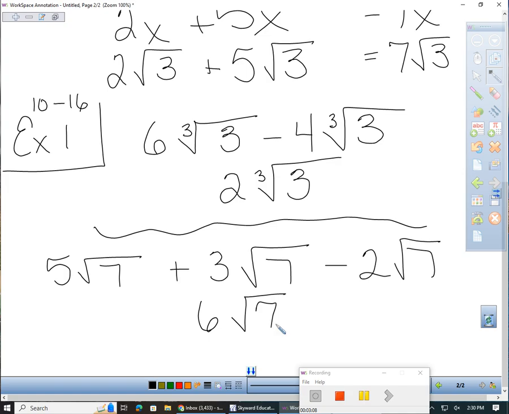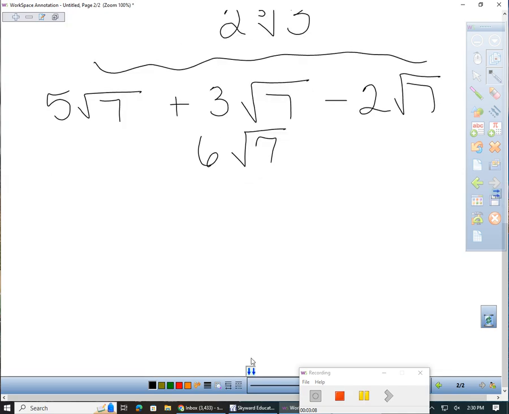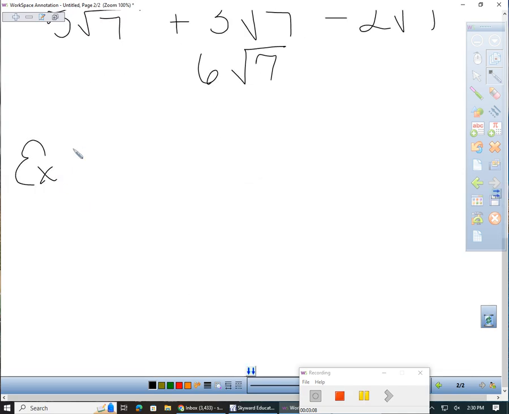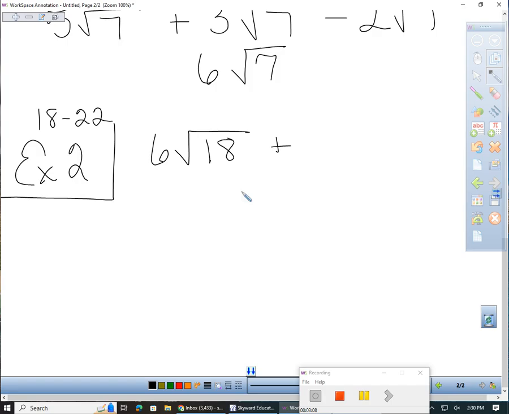All right, let's go to example number 2. This is section 18 through 22. Let's say I have 6 square root 18 plus 3 square root 50.